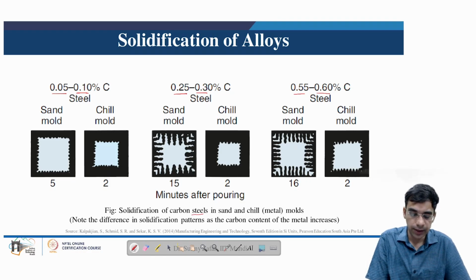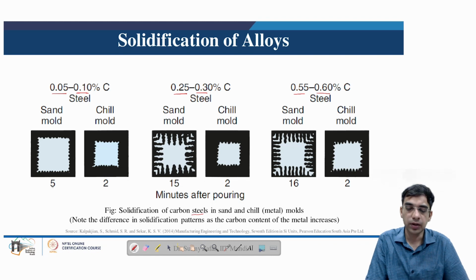Based on the carbon percentage, there is a drastic change in the solidification pattern of this alloy, because the presence of carbon largely changes the liquidus and solidus temperature, and accordingly the dendritic structure gets changed.